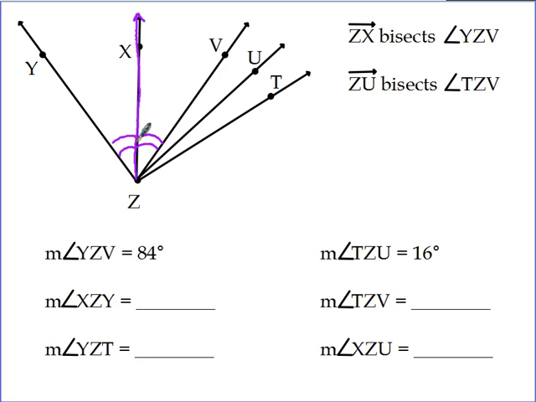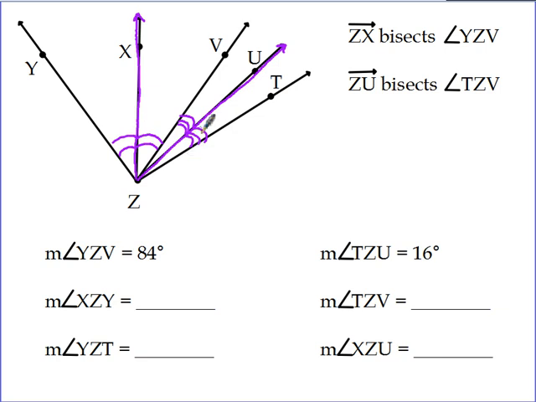Now it also tells me that ZU, that would be this ray, bisects TZV. So that means that this one and this one are the same. Now notice I've used different markings. I used 2 arcs over here and 3 arcs over here. You don't want to use the same markings for all 4 because you don't want to think that all 4 are the same, because they're not. These 2 are equal and those 2 are equal.